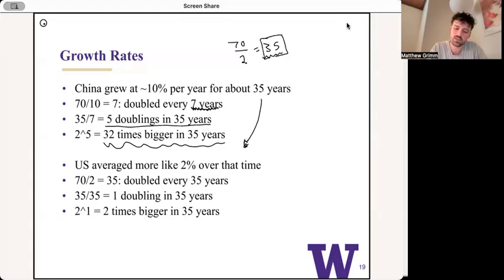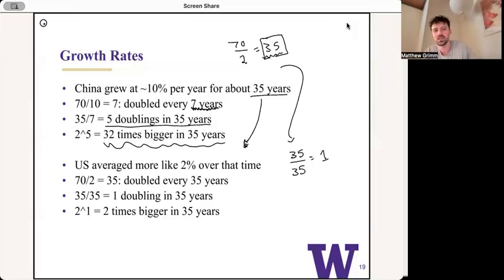So this tells us in 35 years, GDP should double 1 time. The next step is you take how long we're looking at, which in this case is 35 years, divided by how long it takes to double the GDP, which we found to be 35. It's very convenient. And so this gives us 1.